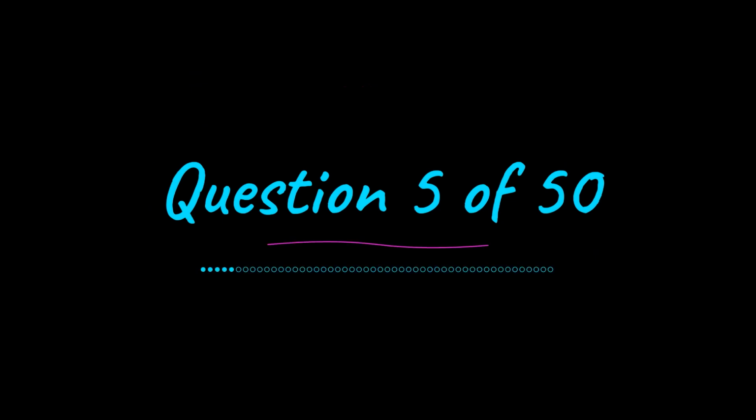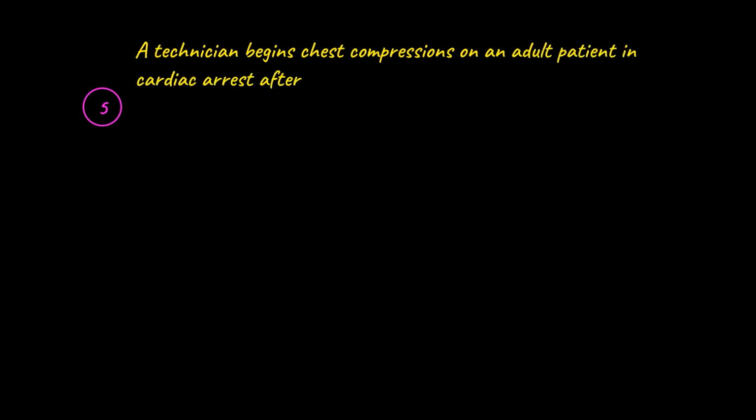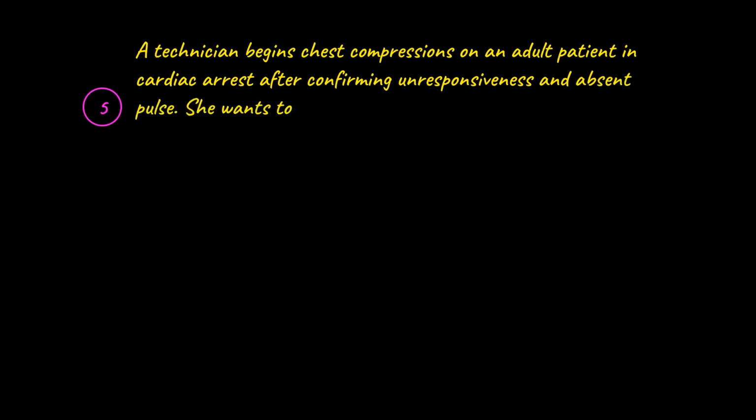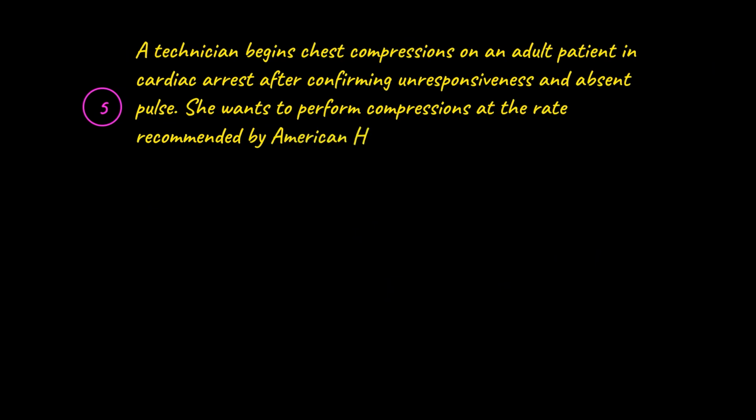Question 5. A technician begins chest compressions on an adult patient in cardiac arrest after confirming unresponsiveness and absent pulse. She wants to perform compressions at the rate recommended by American Heart Association BLS guidelines.